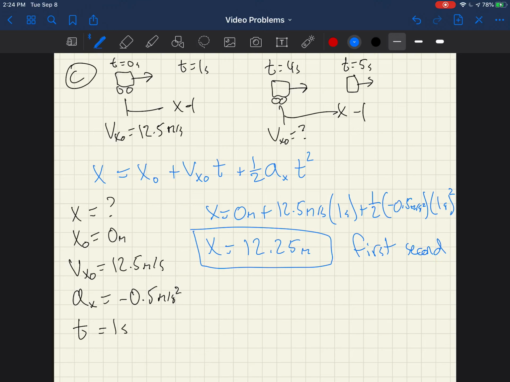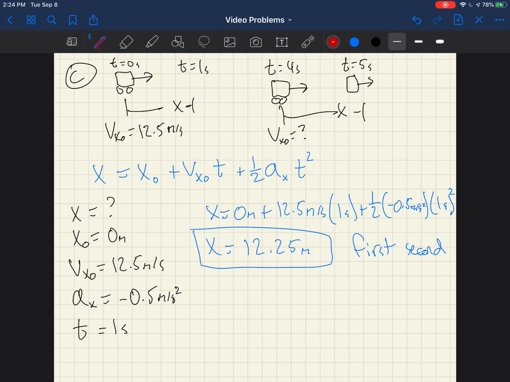Okay, now the fifth second is a little bit harder. We need to know how fast it is traveling when it hits that 4 second mark, right? That initial, if you will, velocity at that 4th second.